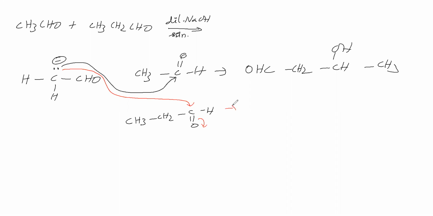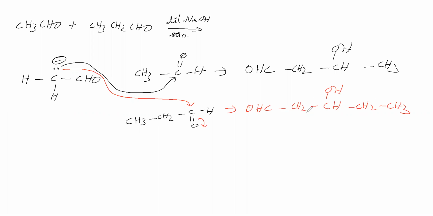This is shifting like this. Now what is the product? We'll see. This CHO I will write, this CH2, then this CH, this O becomes OH, and this CH2CH3 I will write. This is one product.